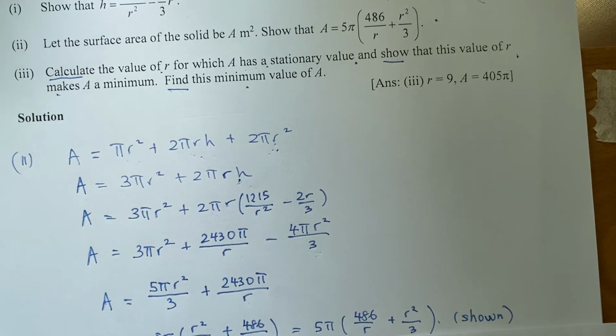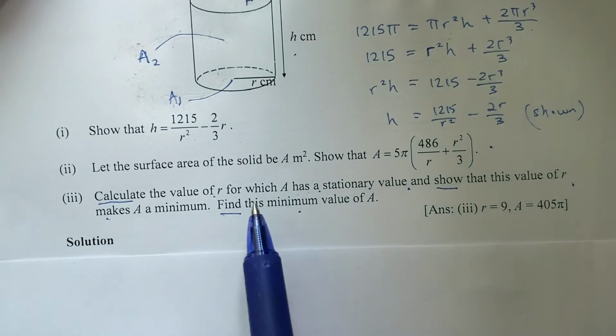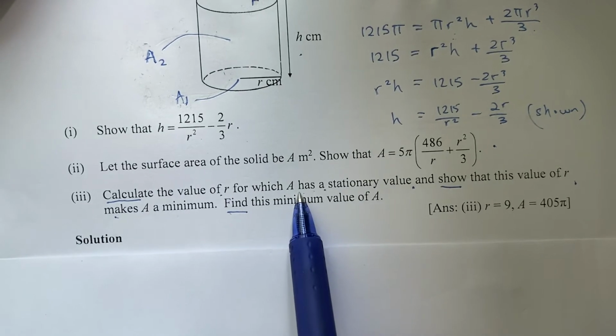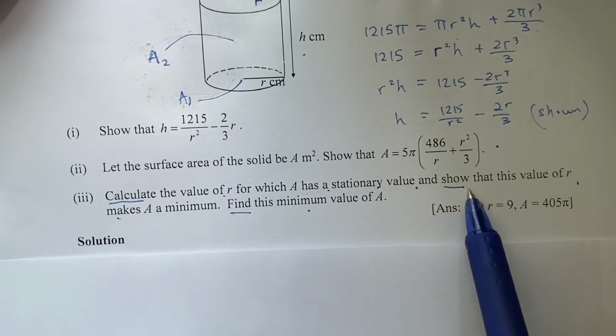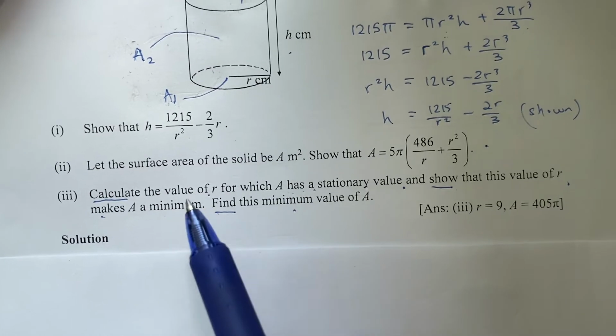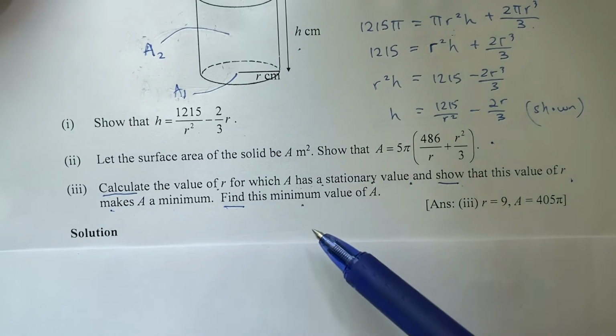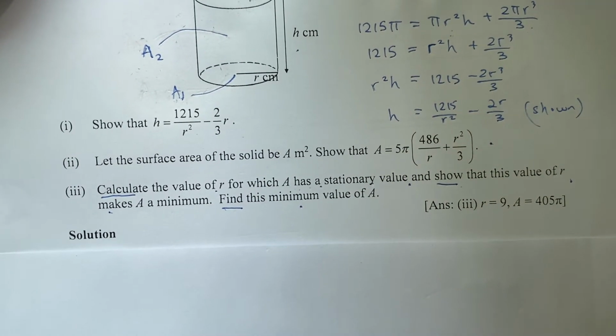Okay, now part 3. Part 3 asks us to calculate the value of r for which A is stationary and show that this value of r found makes A the minimum and find this minimum value of A. There are actually 3 things that we need to do.